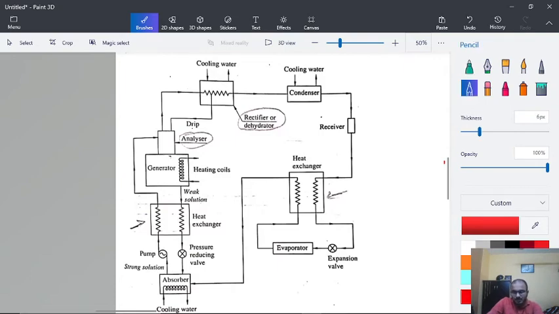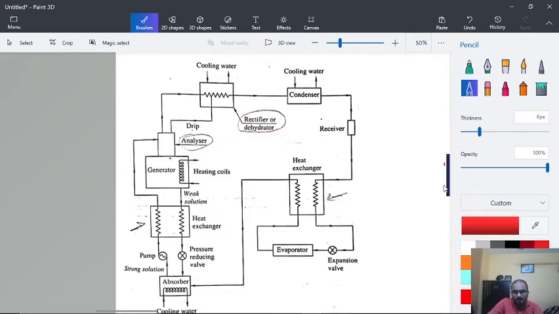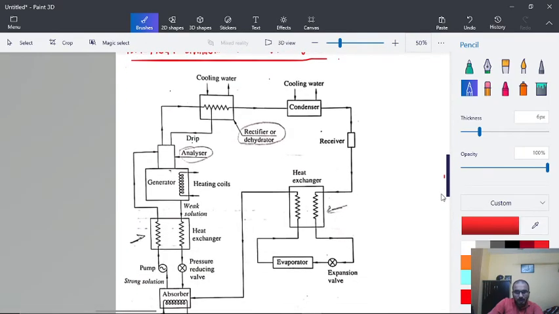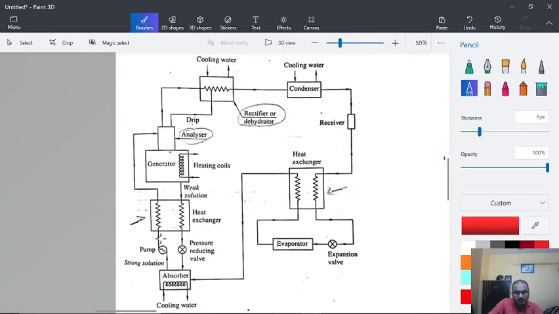So let's observe what modifications we are having from our simple cycle. You can pause this video and draw first the simple ammonia water vapor system, and then you focus here. How many extra parts we are having: first this heat exchanger as an extra device, then this second heat exchanger as an extra device, then this rectifier or dehydrator, and then the analyzer.